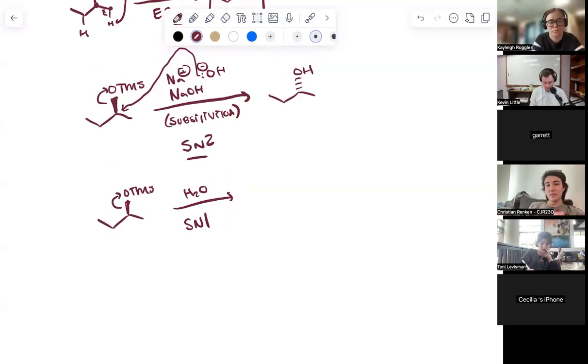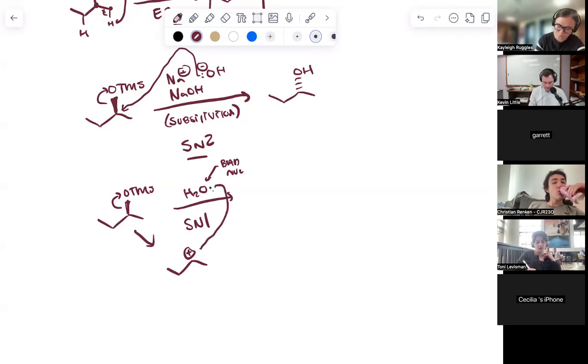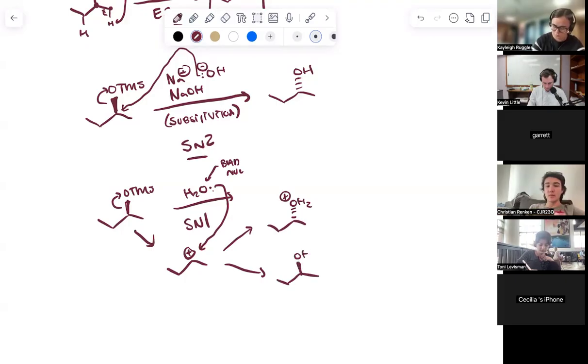This leaving group leaves first because this is a bad nucleophile. So I form a carbocation first. And since there's nothing blocking the water when it adds in, it can add into either side. So I get a mixture of these two products.